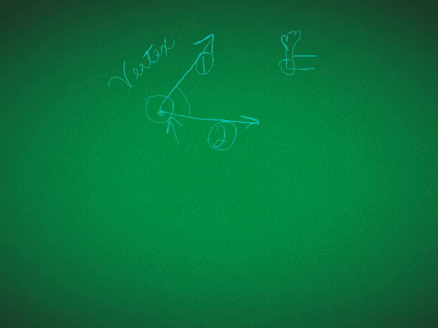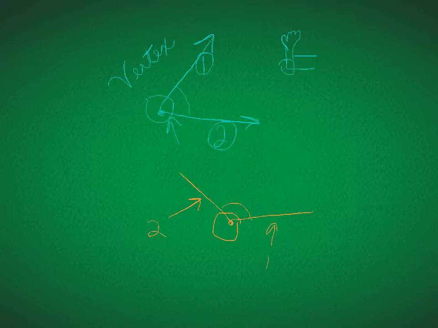Now, that's not the only way an angle can form. An angle can also form with two line segments. And we know that here's our angle. It still has one vertex, and it has a line segment and another line segment. So one line segment, two line segments.